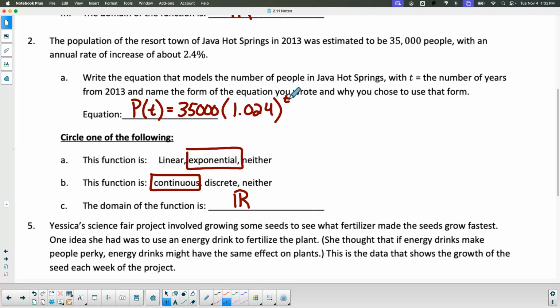To what? Do we agree with T minus 1? Just T, right? Because it was saying that T is the number of years from 2013, so that means 2013 was year 0.